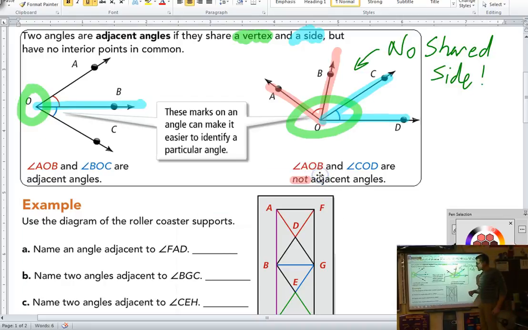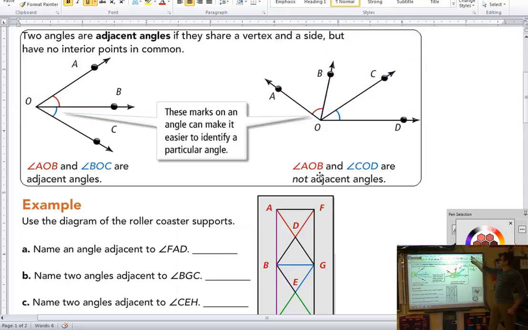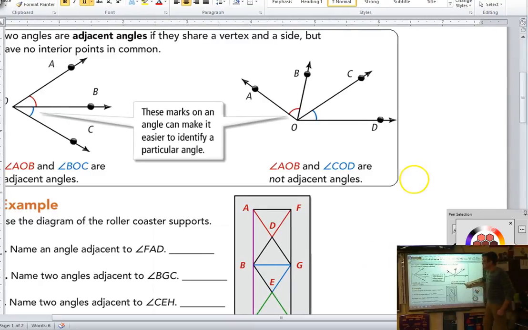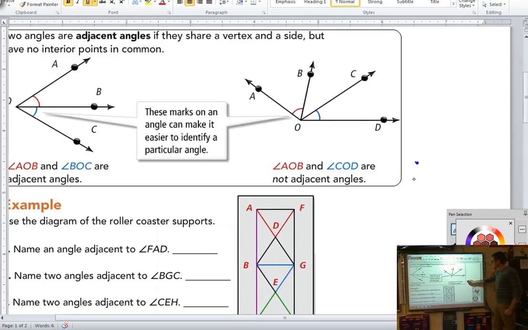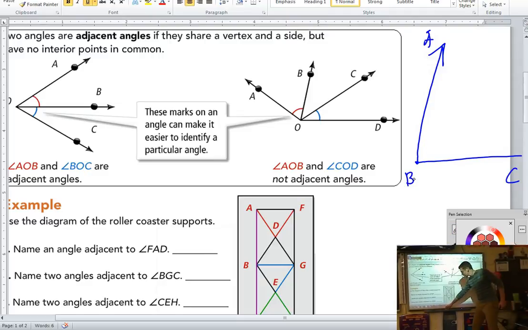Now, almost every year somebody asks me, what happens if we share a side but one is inside the other? So let me give you an example like that. If I had angle ABC. So, sorry, that A looks pretty bad up there.